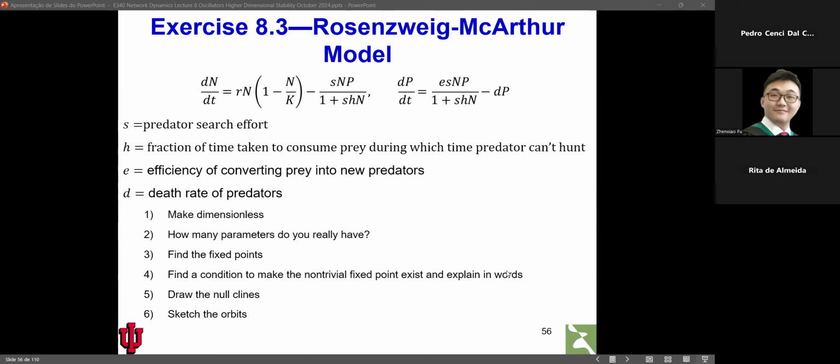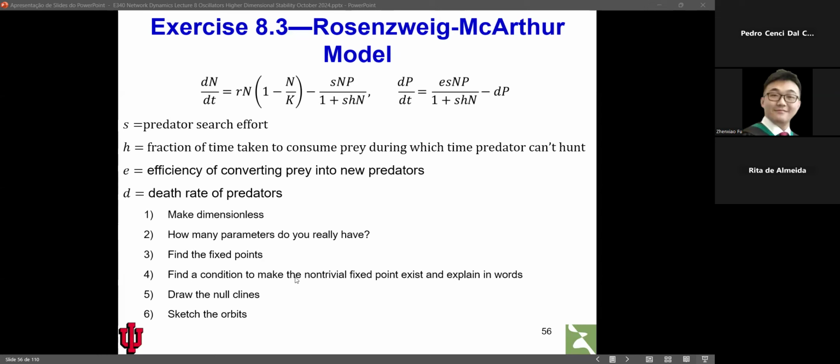And then there are some of these things that are going to be there. You cannot take it anymore, even in redefining these variables in these new units. Then these will be the number of independent parameters. Then you have to have the fixed point, which means that this thing is going to be 0, this thing is going to be 0.